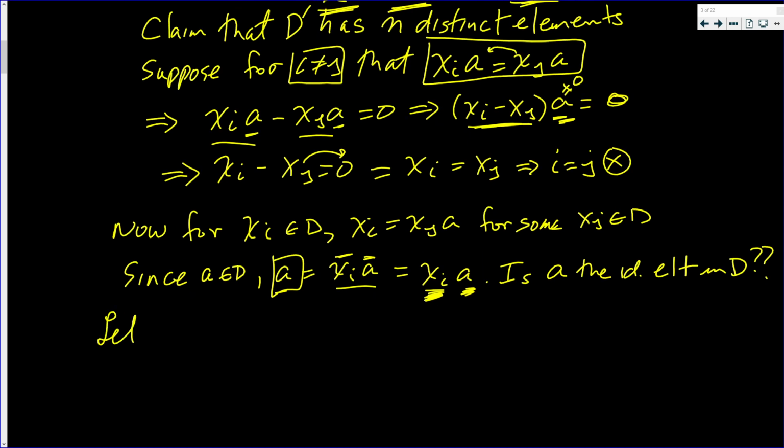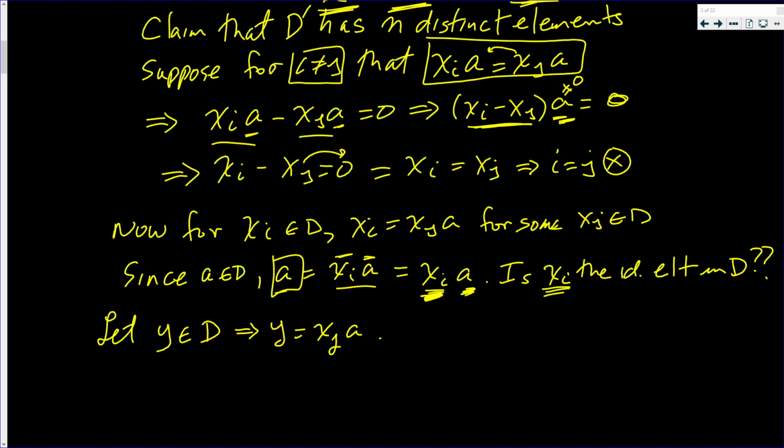Okay, so let's take an arbitrary element y in D. That implies that y is equal to, let's call it, xja. We want to show, oops, typo, not if a is the identity element, but if xi is the identity element.